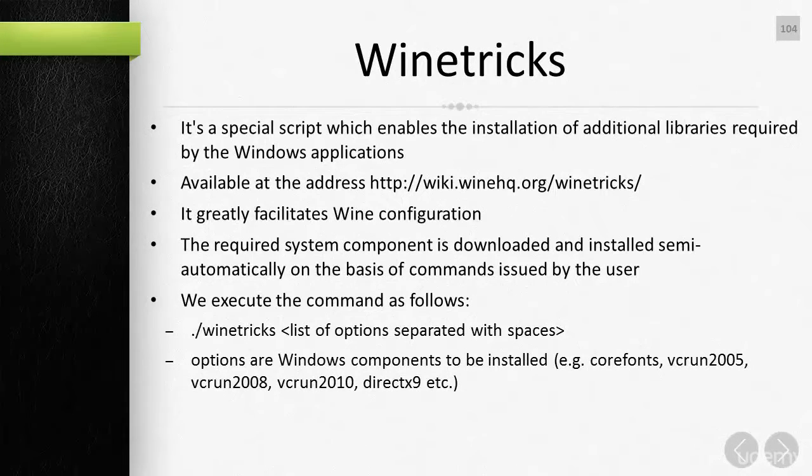However, for Wine to be able to run DirectX, it's not enough to install this library only. Each time a program calls for the hardware 3D acceleration or sound acceleration, Wine translates it to a Linux system call, and it's executed by the kernel.